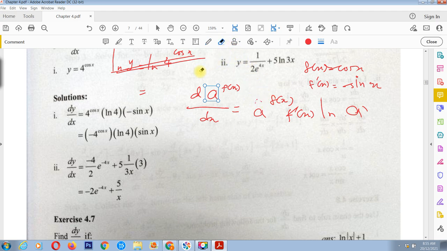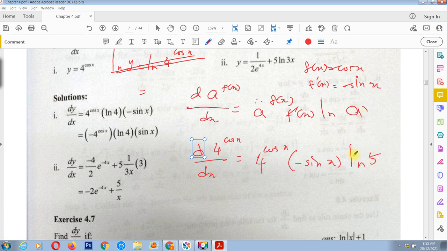Okay, and then here the function is 4^(cos x), so just copy this: 4^(cos x), and then f prime x equals negative sine x, and then we have ln a, where a is 4.